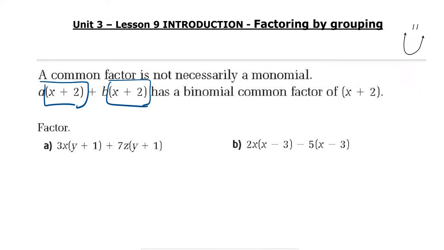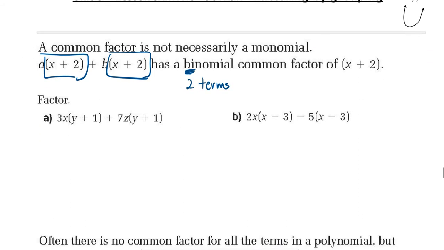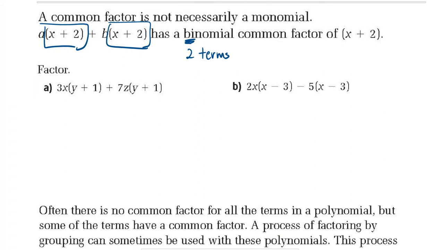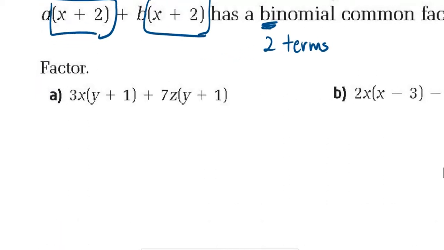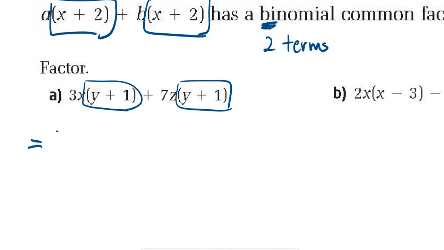Recall, binomial means two terms. So let's factor some expressions whose common factor is a binomial. Look at the first one. We have y plus 1 as the common factor. So you write out the common factor, y plus 1.